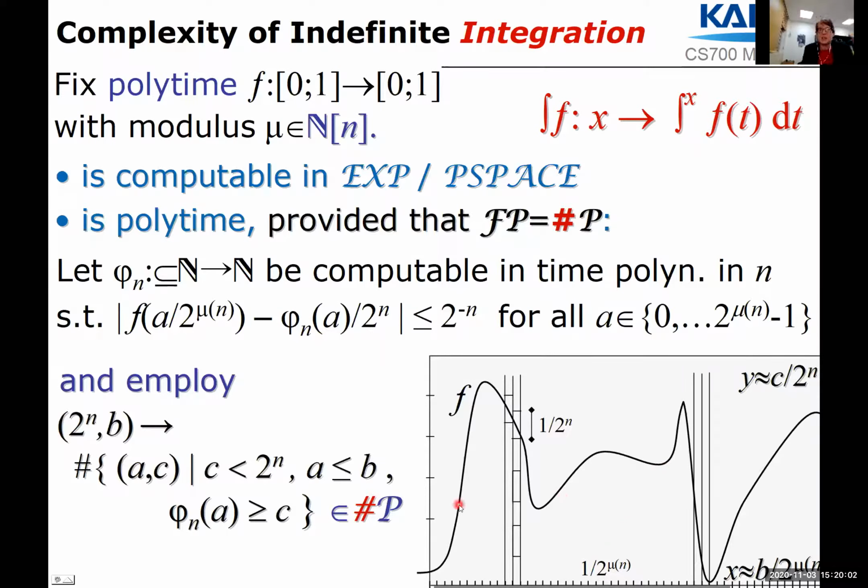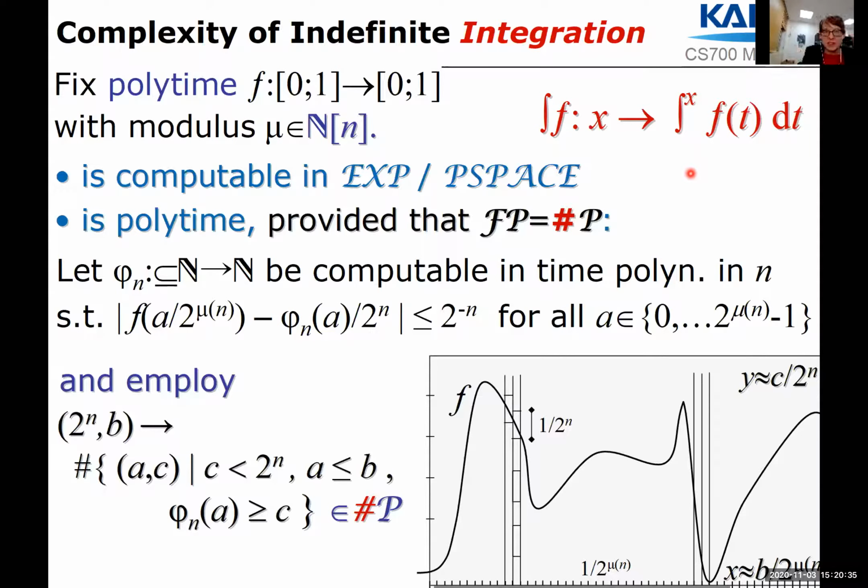And that's precisely the value of the Riemann sum, scaled, of course, by the width and height of the subintervals, by 2 to the minus mu of n times 2 to the minus n. So being able to calculate this immediately constitutes an approximation to the indefinite Riemann integral. Let me emphasize this small but subtle difference to maximization.